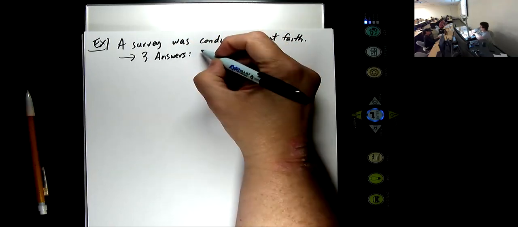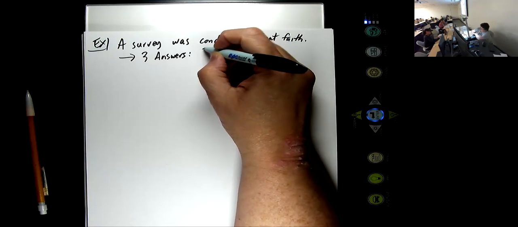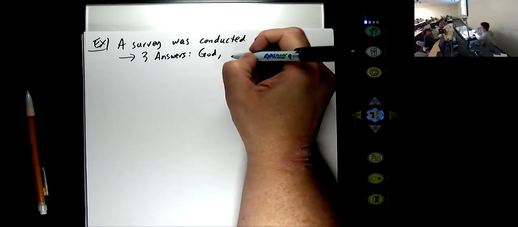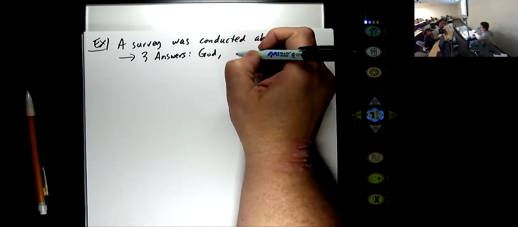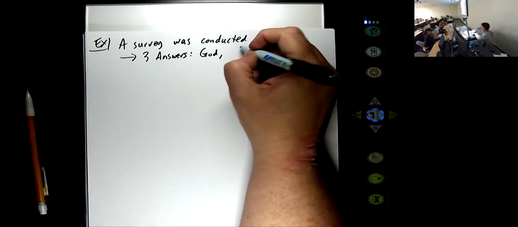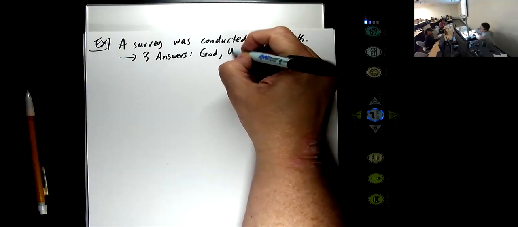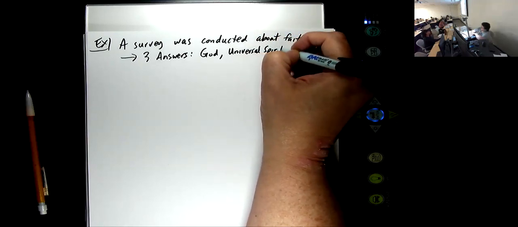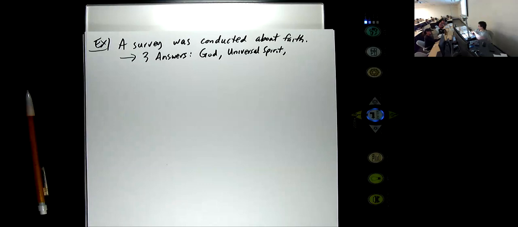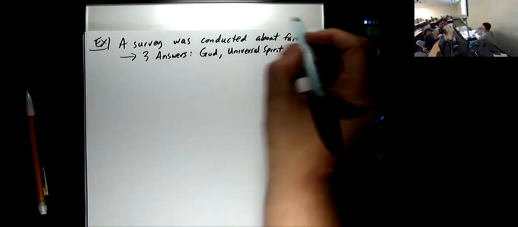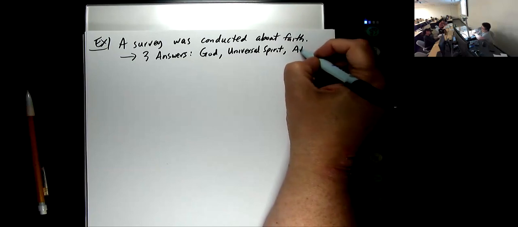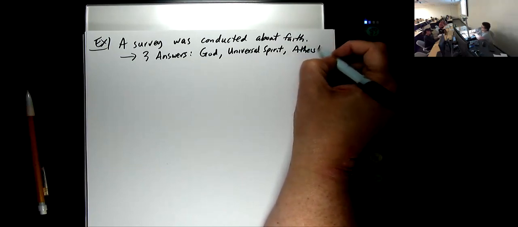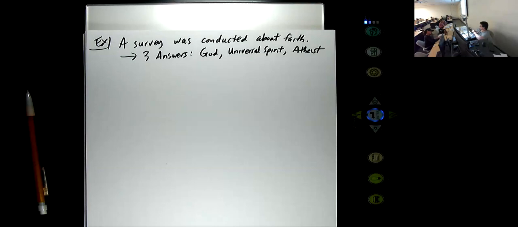You could say you believed in God, whether it's the Christian God or another God, just a singular God, or a universal spirit, maybe like Mother Nature. That's not really a God, but we give it a spirit. It's like a pagan belief. Or you could be just like a total scoundrel like me and be an atheist.